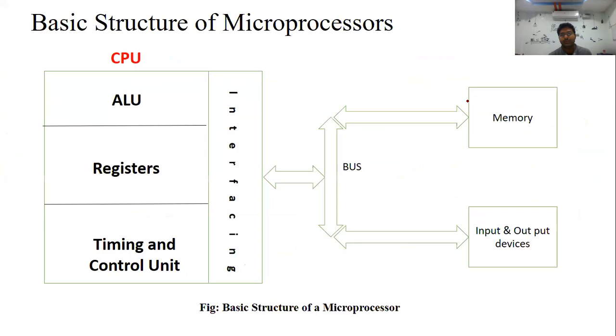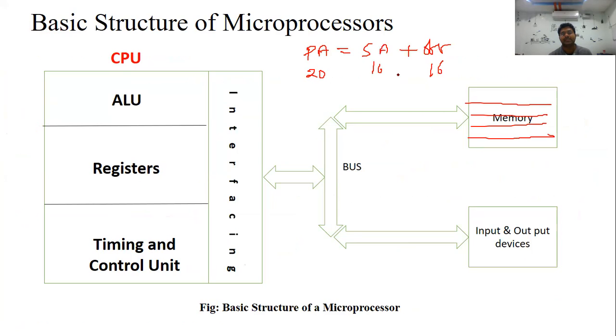Come to memory. What is the physical address? It is 20-bit. The physical address is divided into the segment address, which is 16-bit, as well as the offset address, which is also 16-bit. So whatever you are representing here, for suppose MOV AX, 5000H, this is the offset address.